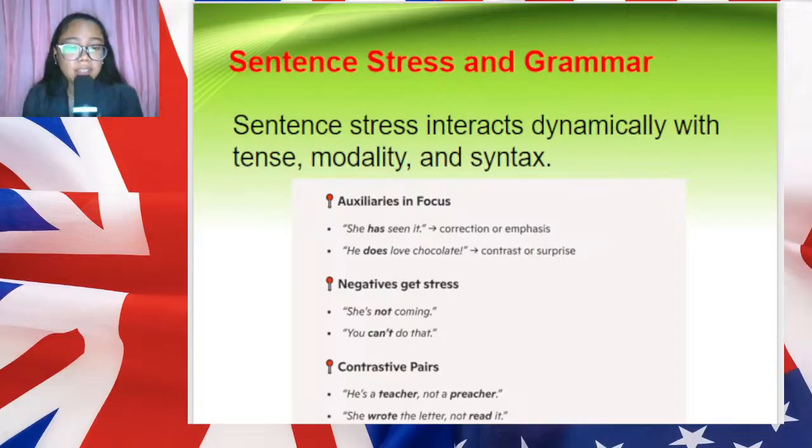In English, negatives almost always attract stress. Why? Because they flip the meaning. They introduce a contrast between what could happen and what won't. So we don't say "she's not coming," we say "she's NOT coming." Focus or emphasis on the word "not."